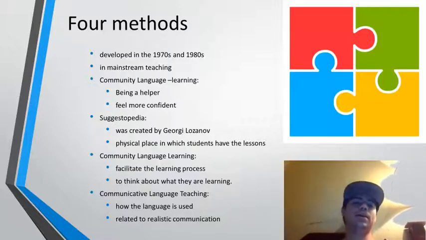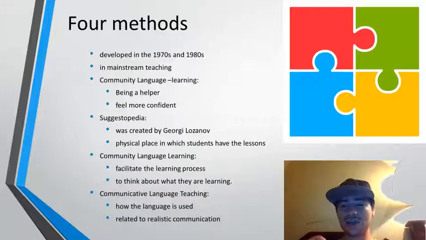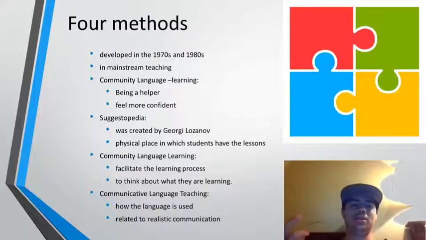Well, then we have Suggestopedia. This method was created by, let me see, by Georgi Lozanov. Difficult name to remember. And it addresses the physical place in which students have the lessons.